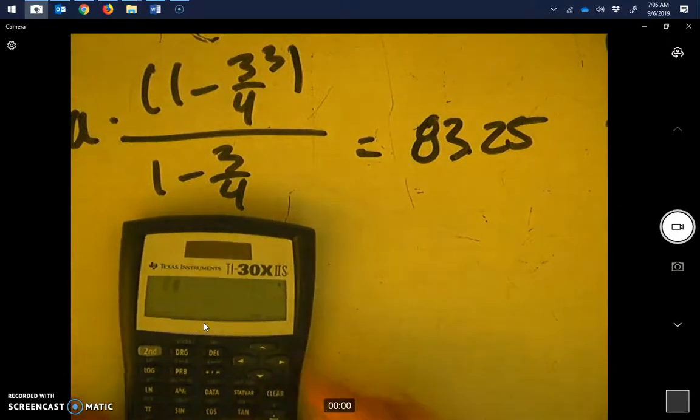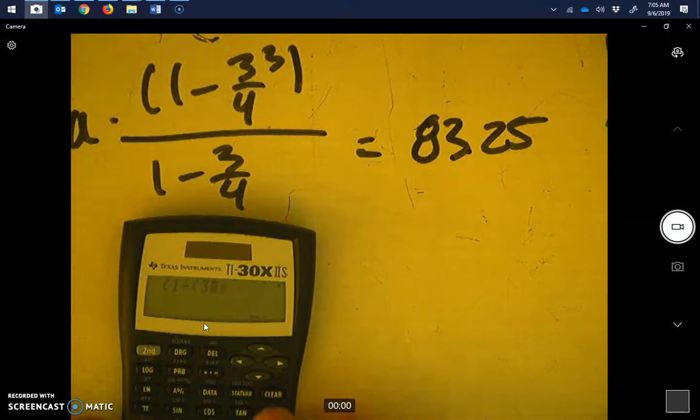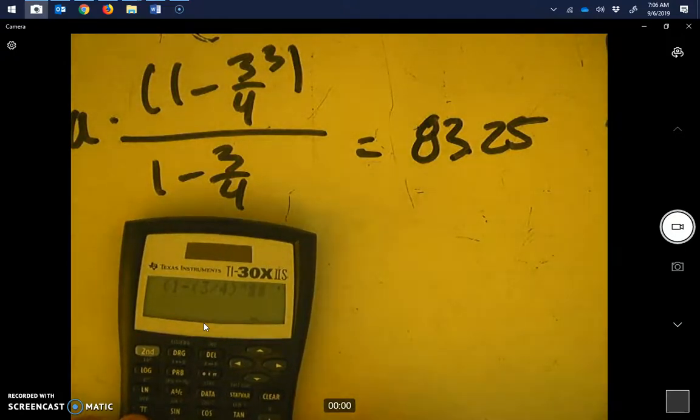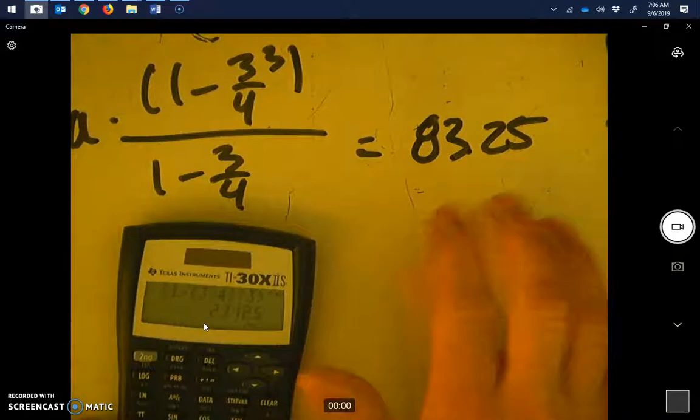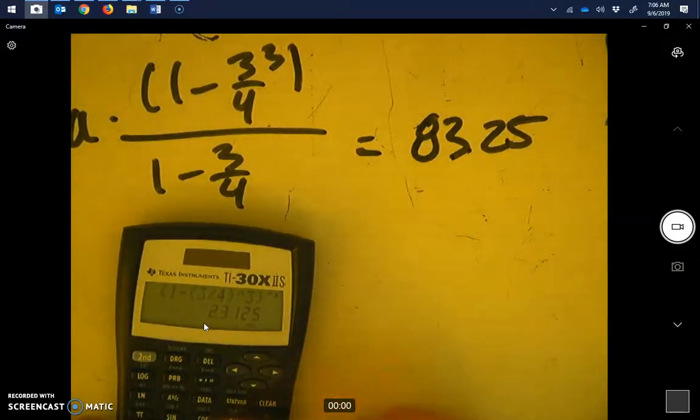Okay, so parenthesis 1 minus, I'm going to do parenthesis for my fraction, make sure that all stays together, and then raise that up to the 3rd power. Close off my top, divide by 0.25. I'm looking at that number, 83.25, divide by that number, will give you my answer.